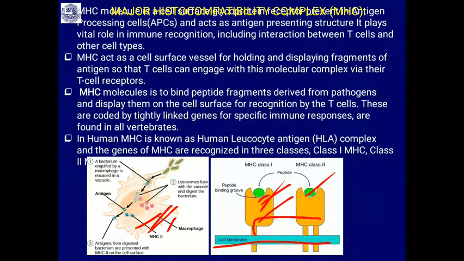In humans, this MHC is called the Human Leucocyte Antigen, HLA complex, and the genes of MHC are recognized in three classes. There are three classes of MHC: MHC 1, MHC 2 and MHC 3.